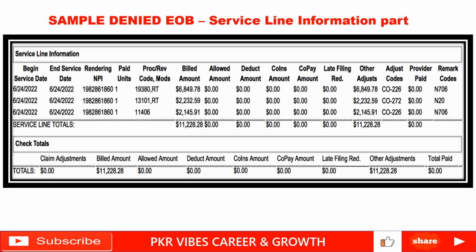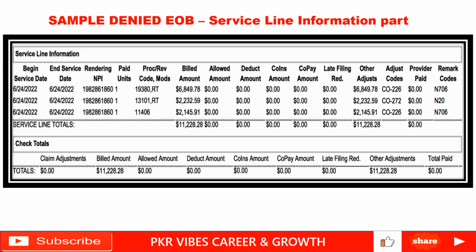And how much the provider is paid you will also see on a denied EOB. But you have to understand that on denied EOBs, the paid amount is always zero. That is why it is called a denied EOB. And to explain why it is denied, they will give the denial code, and also they will give the remark code in addition to the denial code.